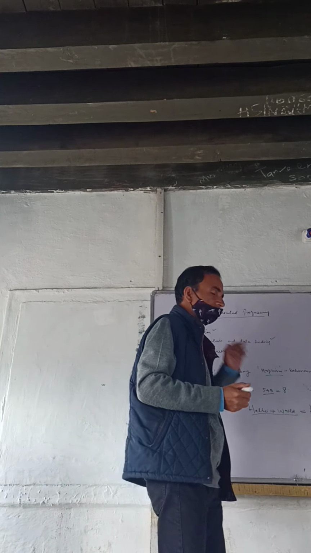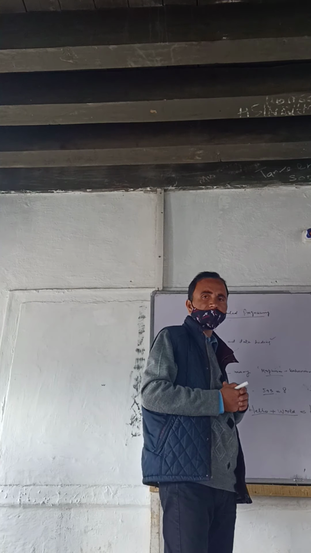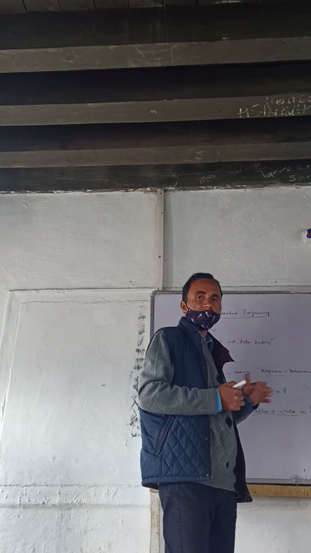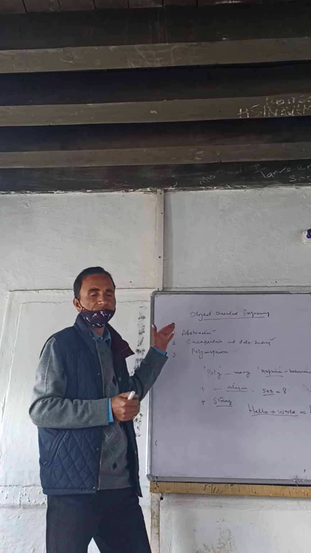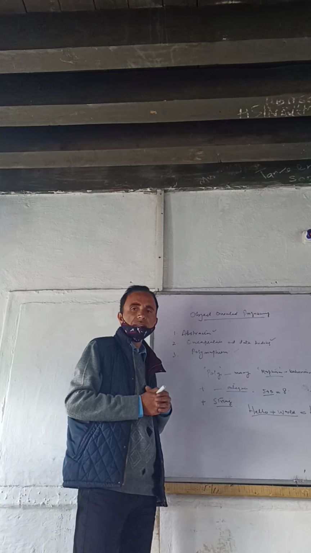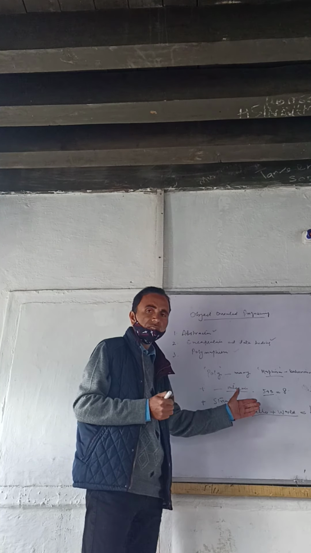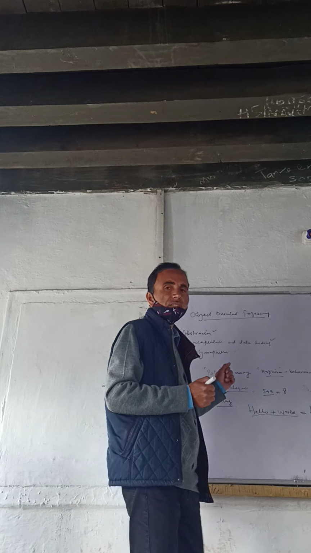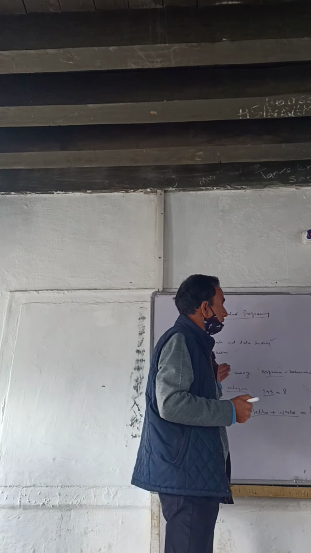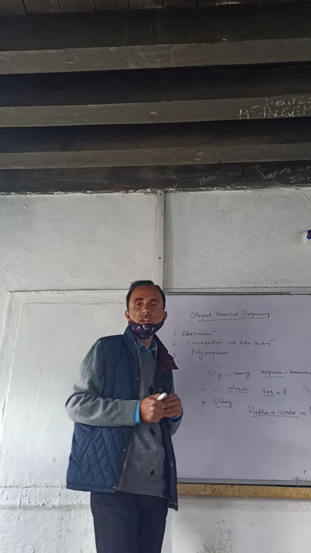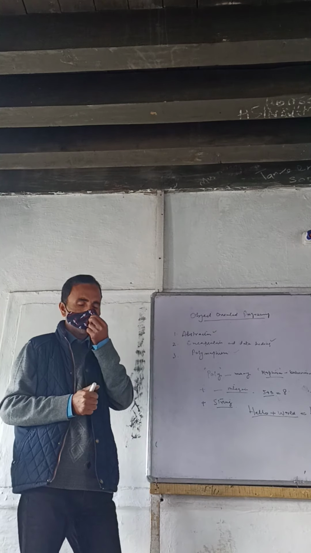These two examples are examples of polymorphism, and this sort of technique is known as operator overloading in polymorphism.